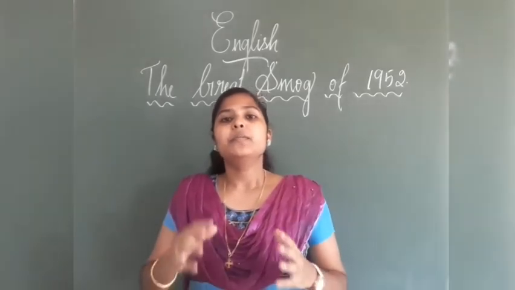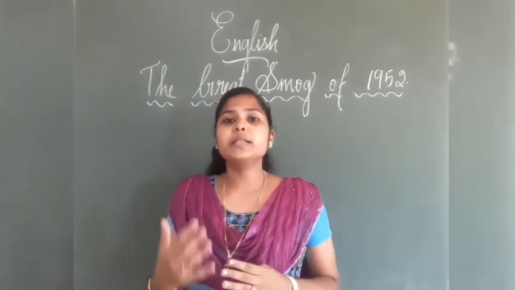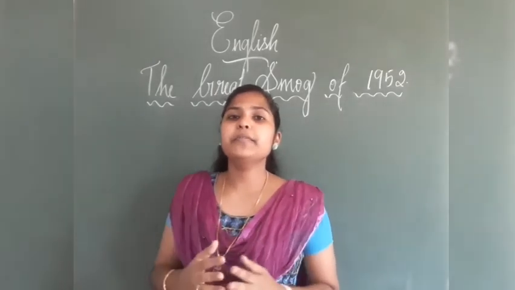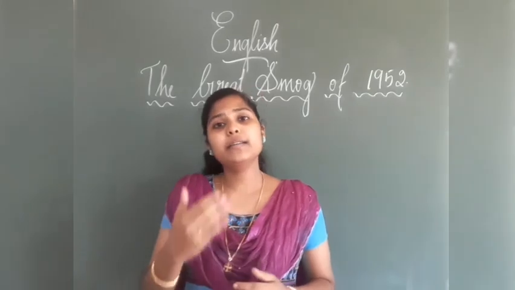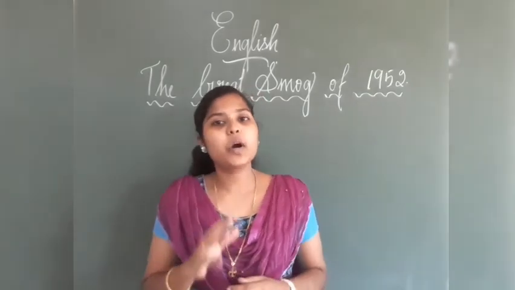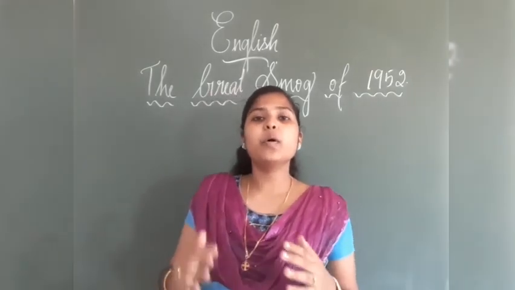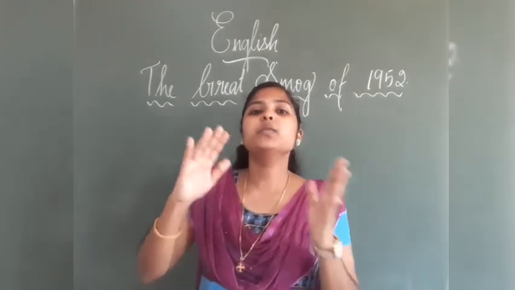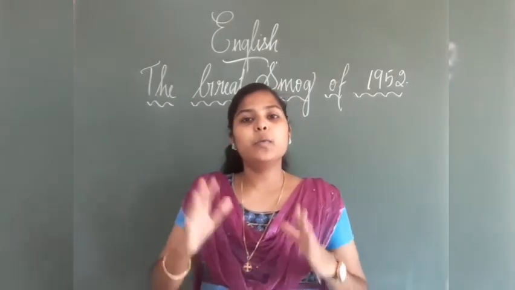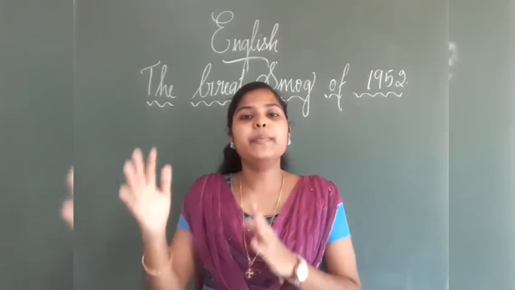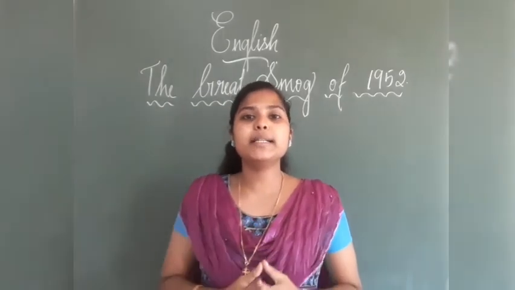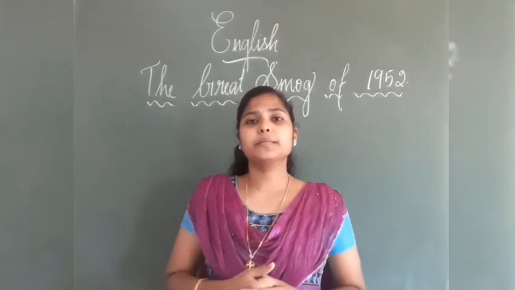Here, more than 4,000 people lost their lives due to this smog. Another report says that it is not 4,000, it is more than 8,000 to 12,000. So more than 12,000 people lost their lives due to this smog.